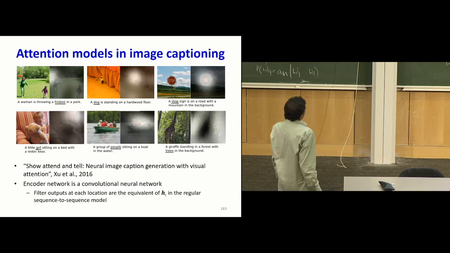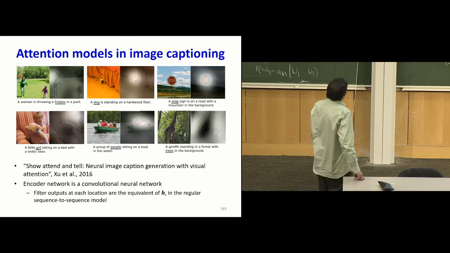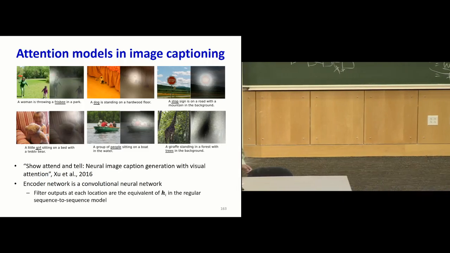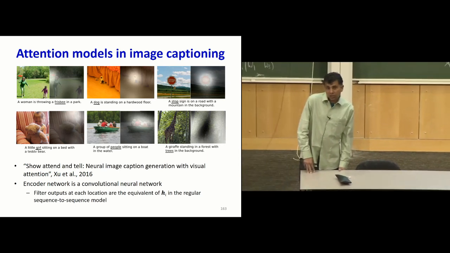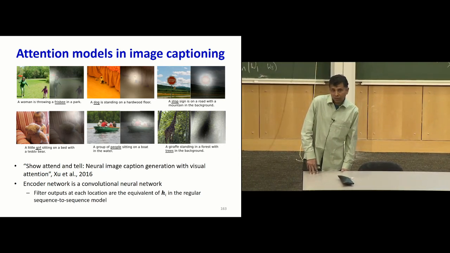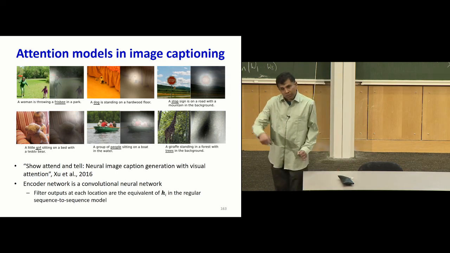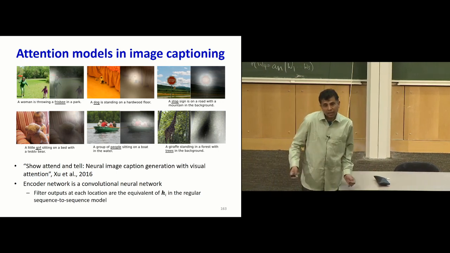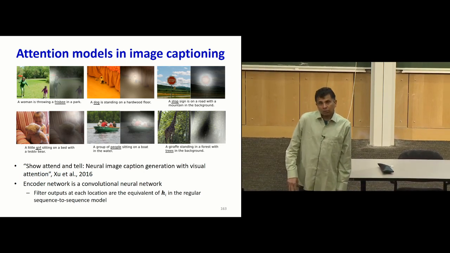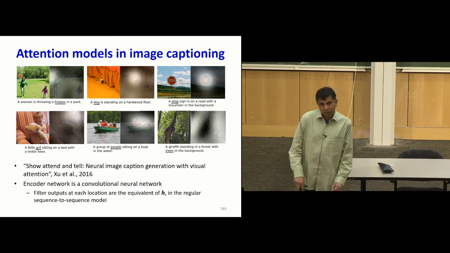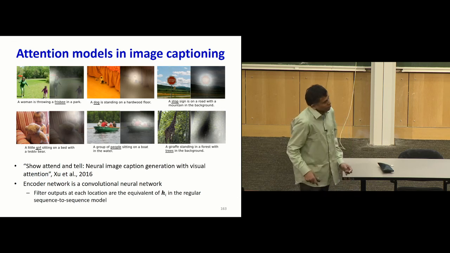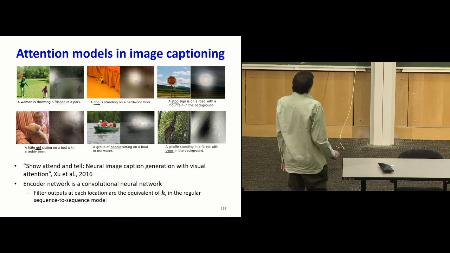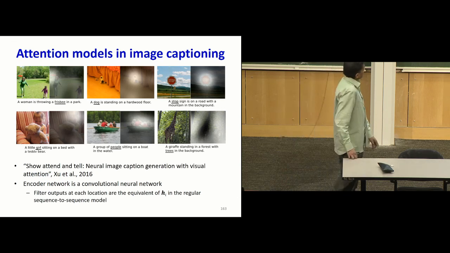Here is a very nice result from image captioning. So again, the encoder doesn't have to be text, as we saw. The input could be an image, and the encoder could be a convolutional neural network computing a hidden representation of the image, and you could learn to pay attention to different portions of the image.